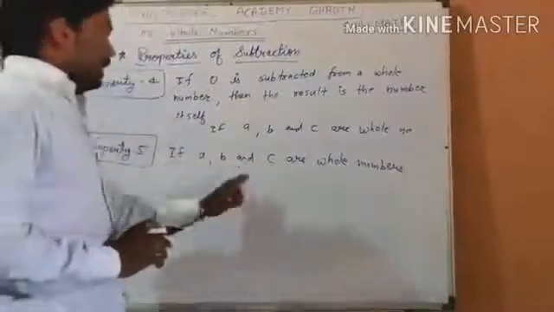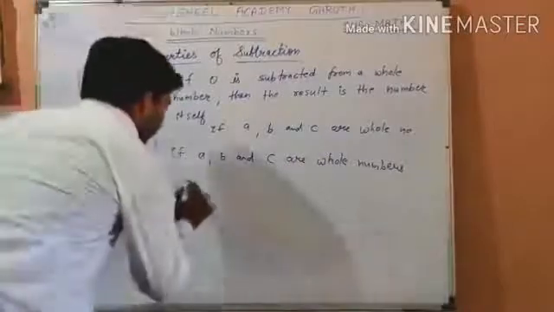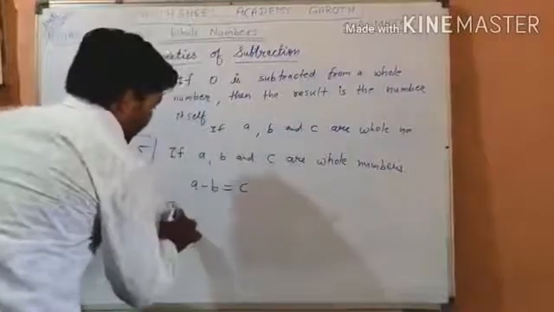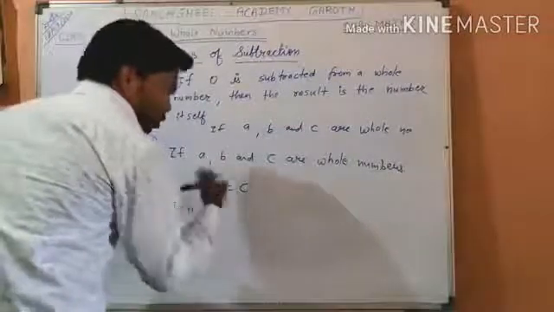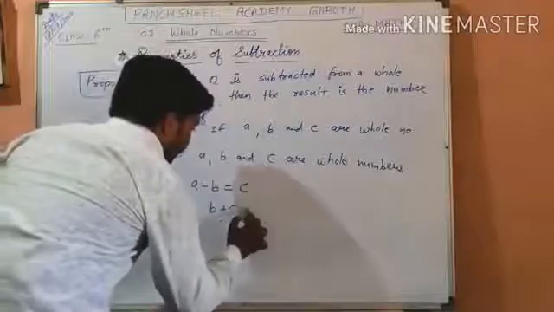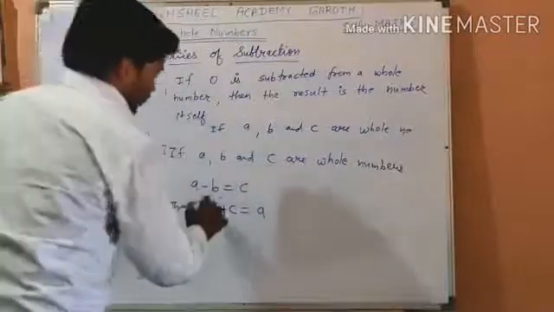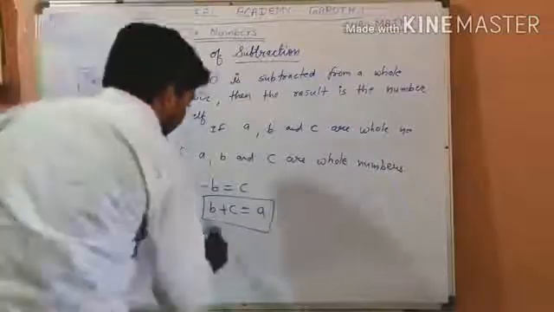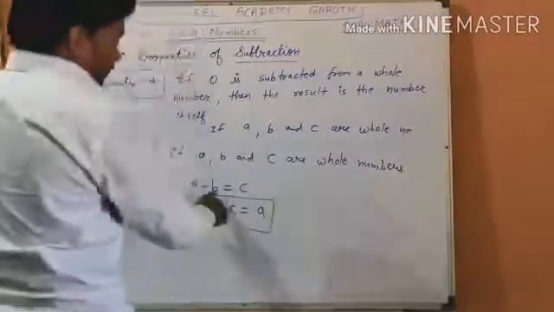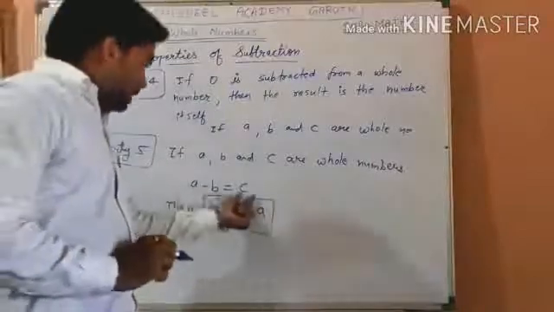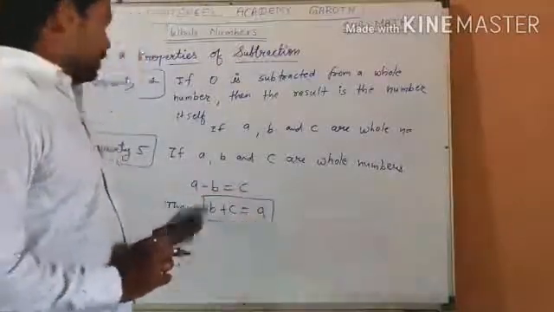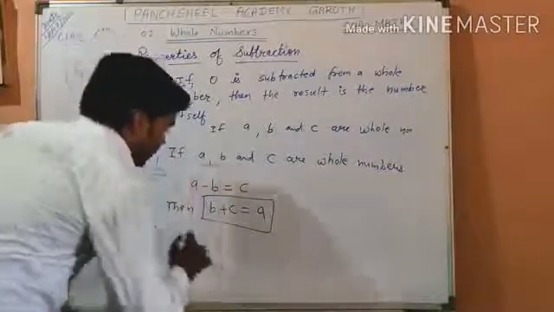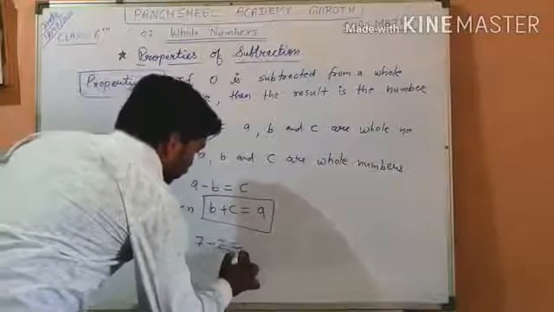So if A, B and C are whole numbers, then if A minus B equals C, then this B goes here, B plus C equals A. Got it? And also we can say if A minus B equals C, then B is added, B plus C equals A. Let's have an example: 7 minus 2 equals 5.